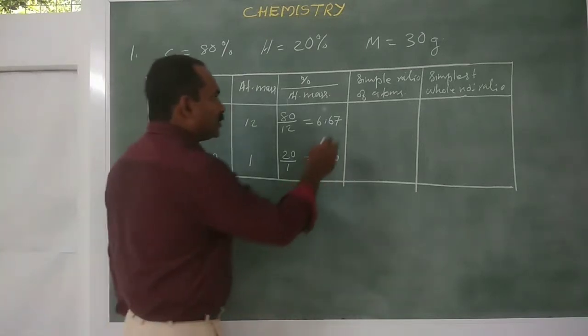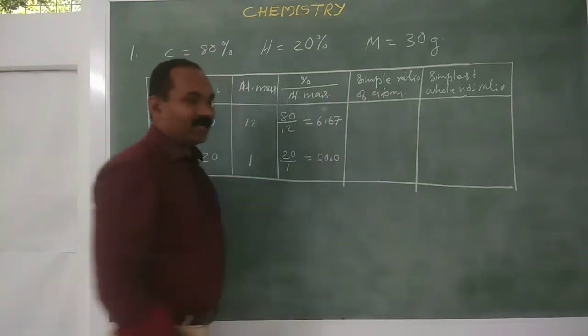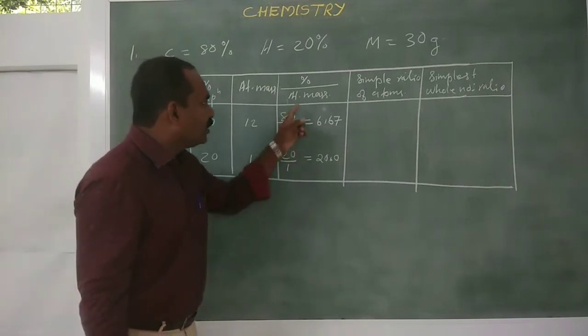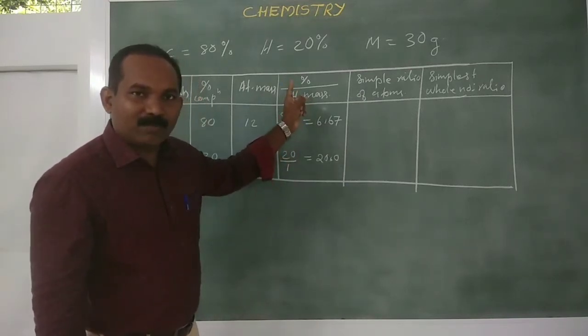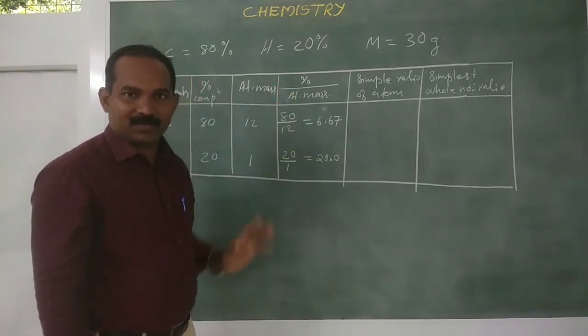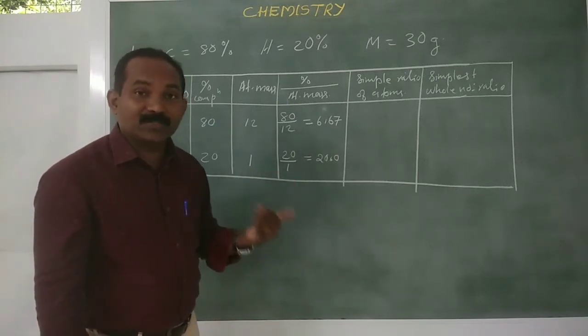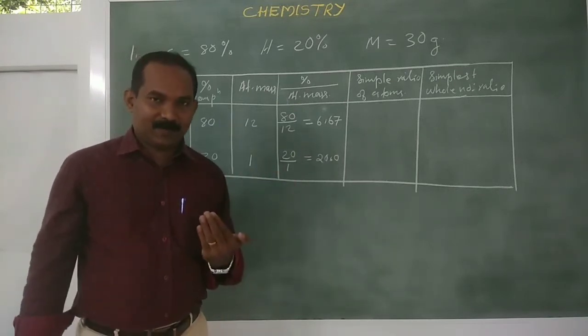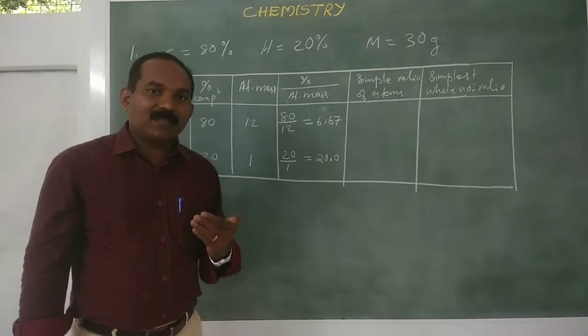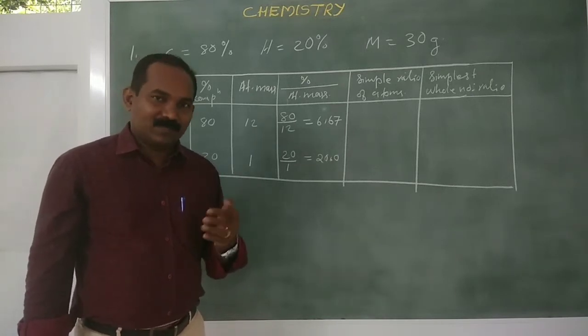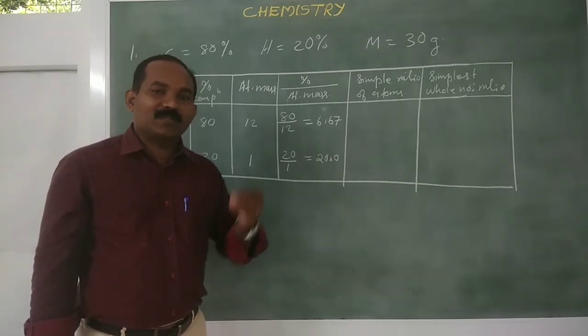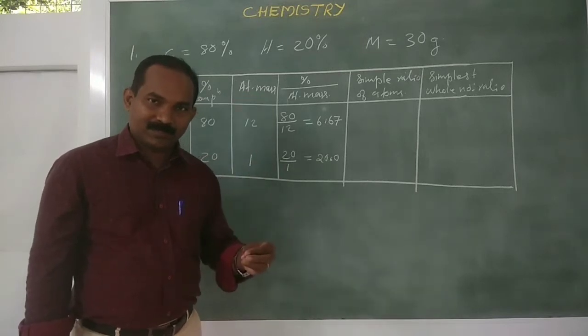Then the simple ratio of atoms. This is the number of moles or number of atoms in a compound. We have to make it into a simple ratio. For that, we divide by the smallest number to get whole numbers.